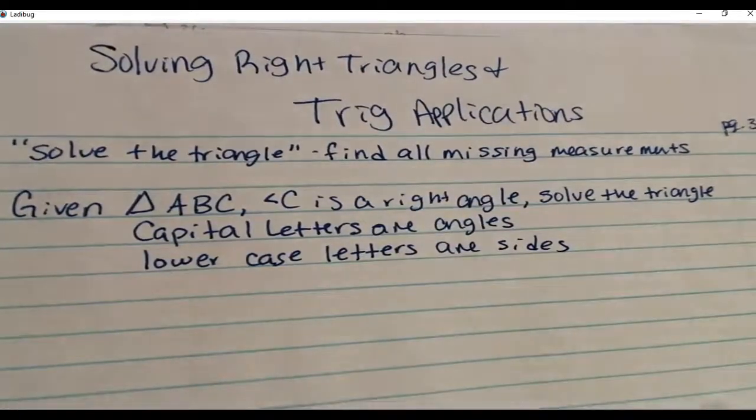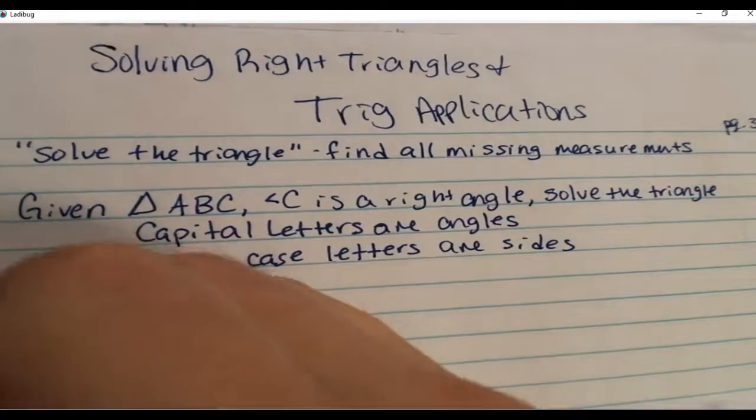And they'll match. So if you have a big A, big B, big C, you'll have little a, little b, little c. So capital letters are angles, lowercase letters are sides. And like I said, we'll do that today, and we'll do that for the next few days.